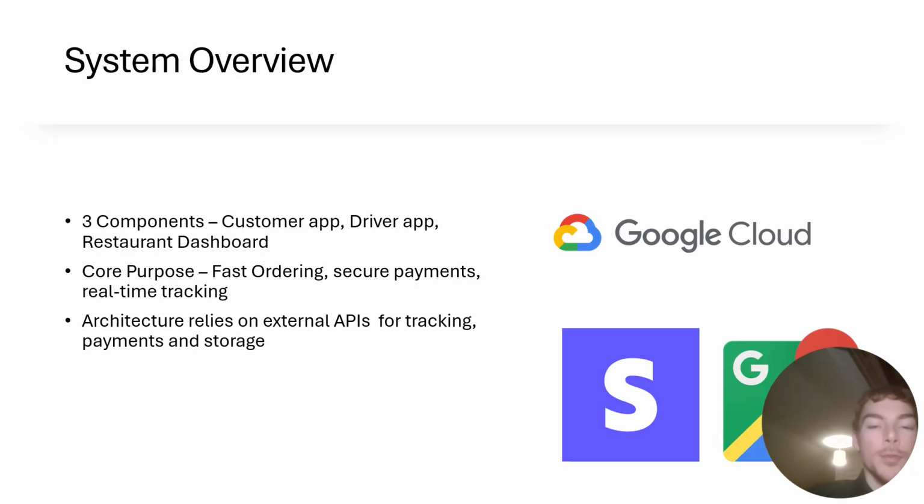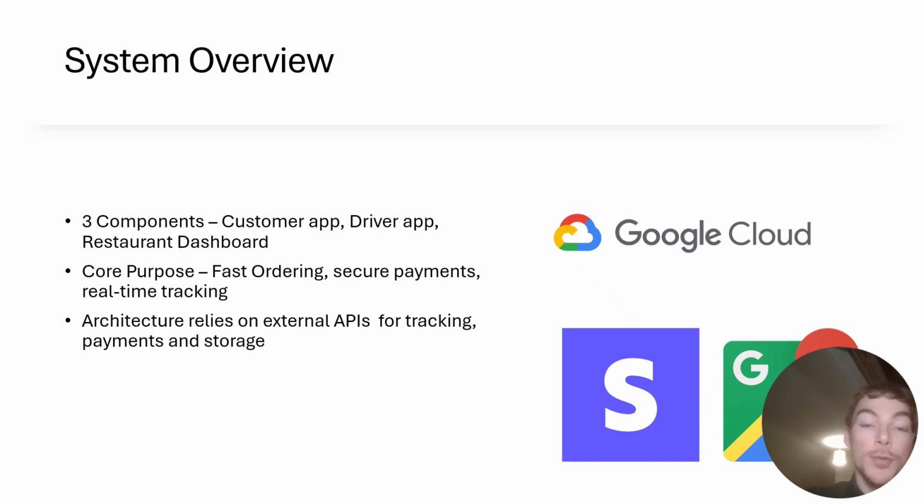The Just Eat system consists of three main components: the customer ordering app, the delivery driver app, and the restaurant dashboard. From an architectural standpoint, the core purpose of the system is to provide fast ordering, secure payments, and real-time delivery tracking.